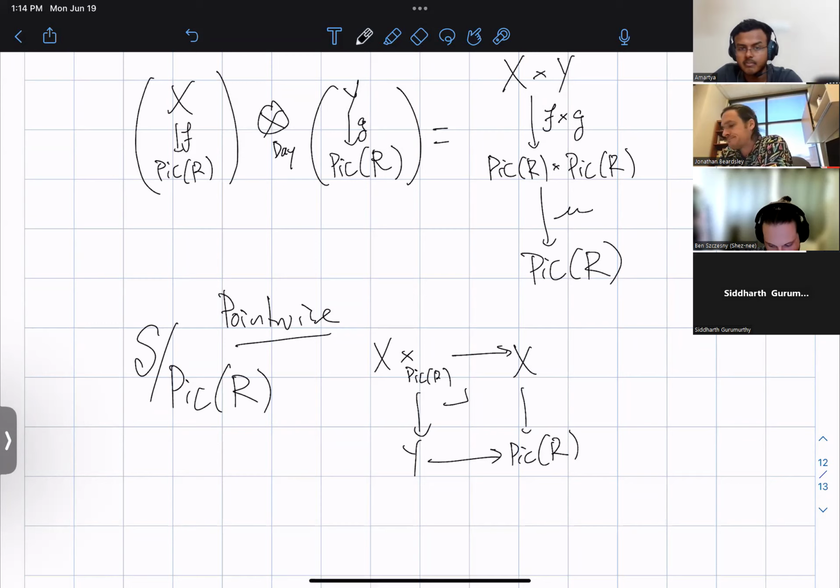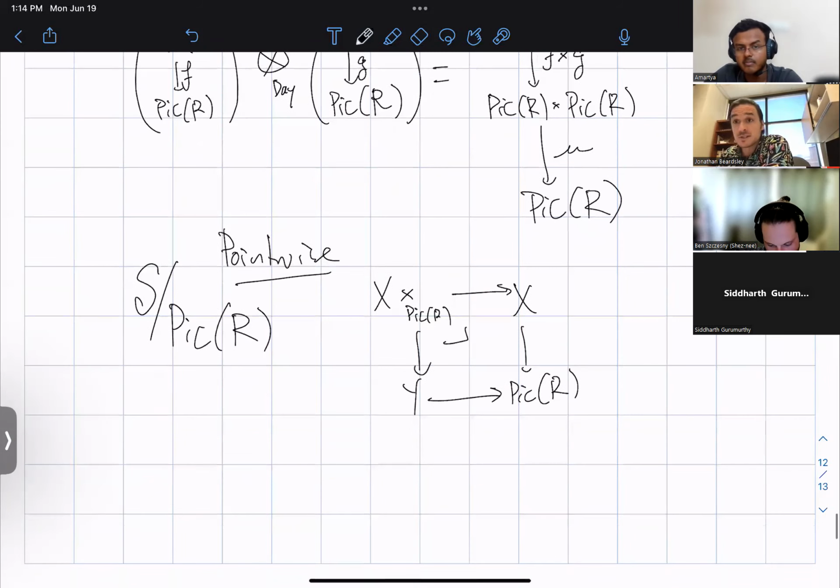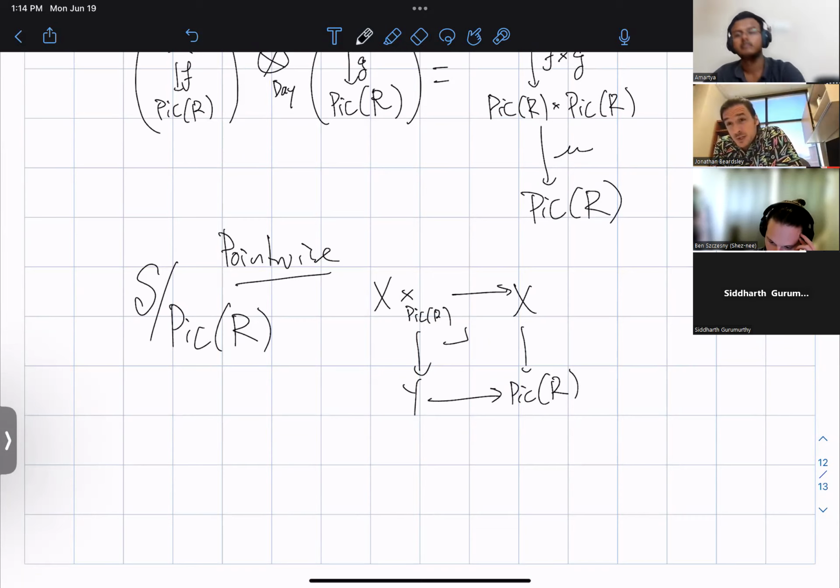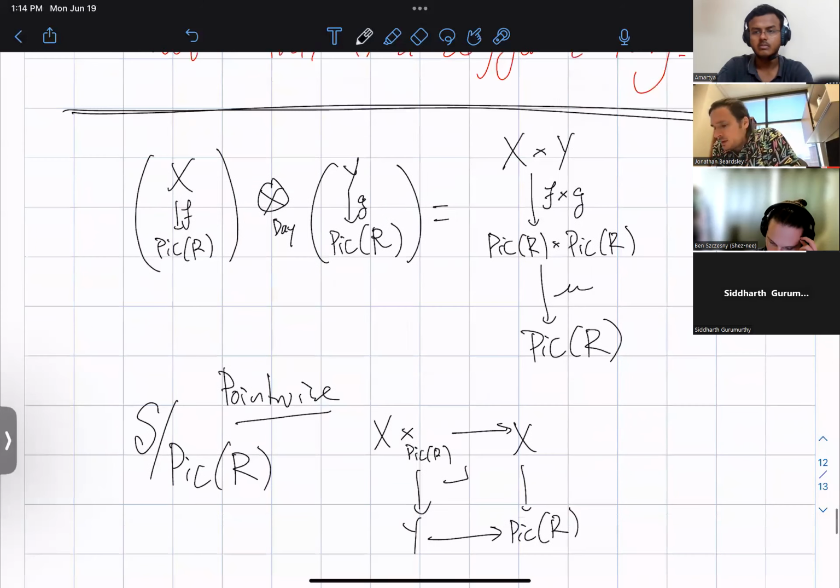That also gives this category of spaces over Pic R a monoidal structure, but this is not what you want in terms of what symmetric monoidal structure the Thom spectrum functor will preserve. Right.